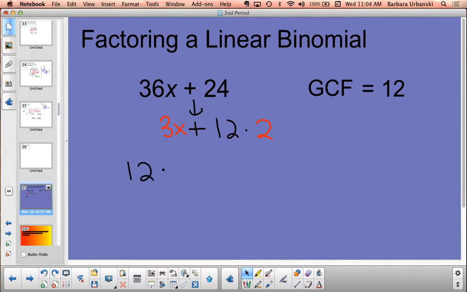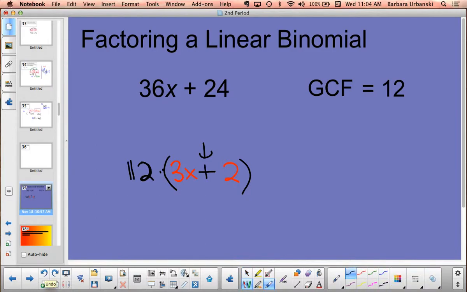We know we're multiplying, and at this point we could either have a multiplication sign or simply a parenthesis, and we would say, what is left? Well, we've got a 3x left, and then our sign of operation, which is addition, and a 2. So we would go from 36x plus 24 to 12 times the quantity 3x plus 2. This would be considered factored form.